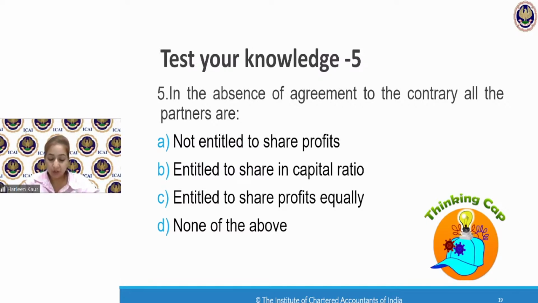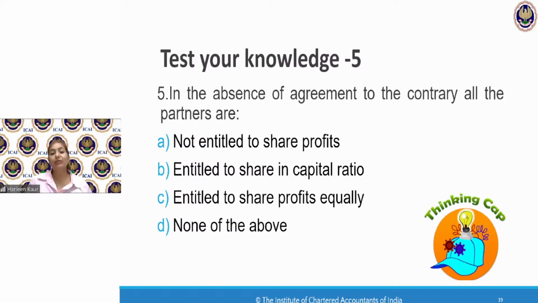Definitely, it will be sharing the profits equally. 5C is the correct answer, students. Absolutely correct. You will not share the profits in capital ratio just because there is no agreement.